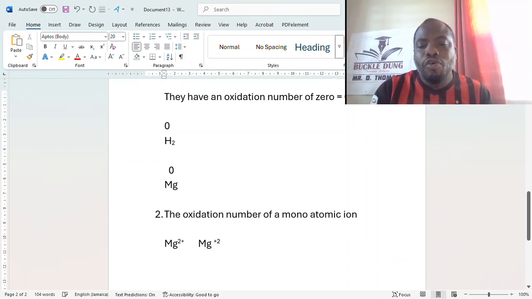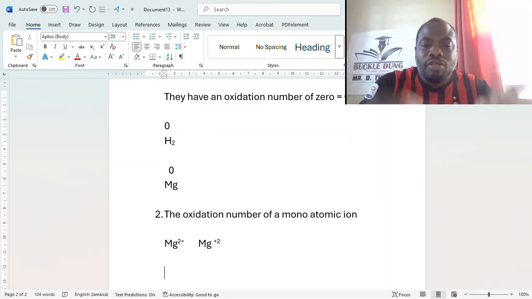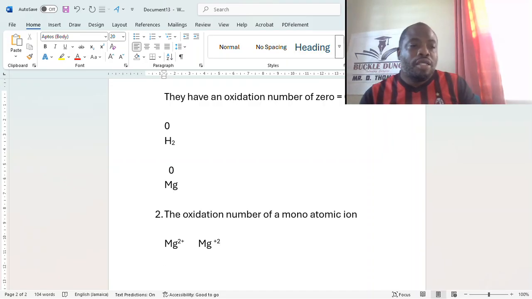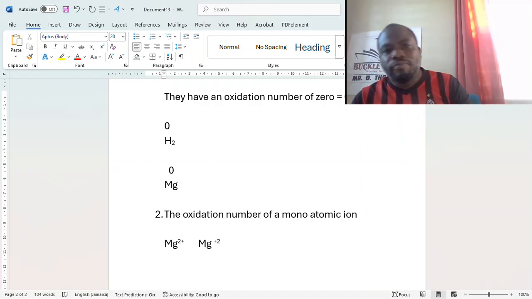If you don't know the ion, you're going to run into problems when trying to work out the oxidation number of elements in a particular compound. Because if you didn't know that magnesium is 2 plus, maybe you would have said that the oxidation number is plus 1.